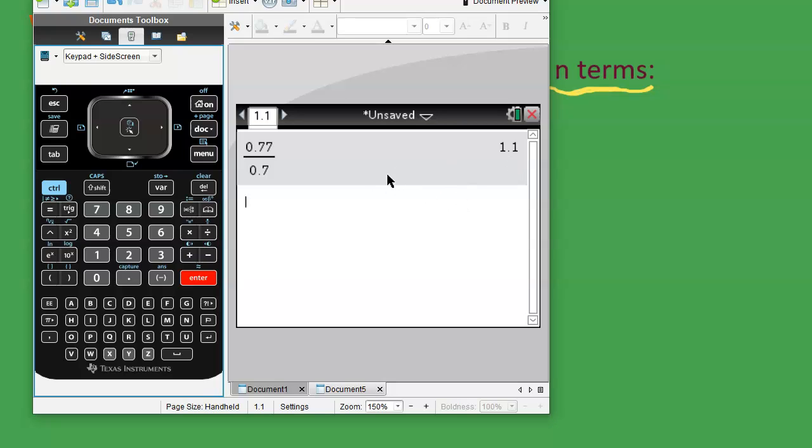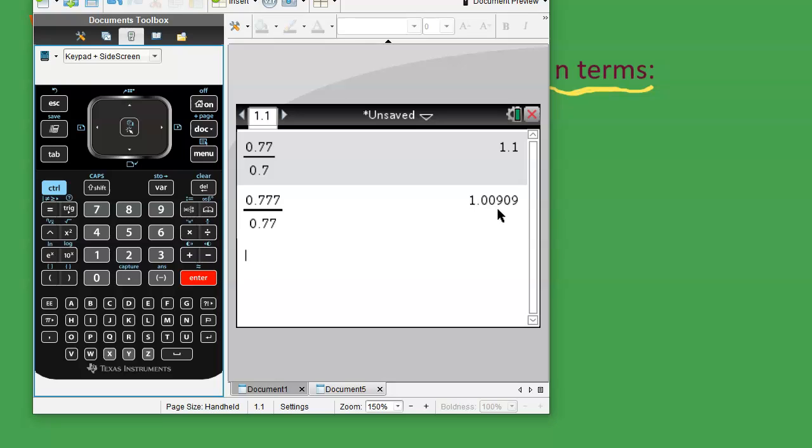What will be the ratio for the second and the third terms? 0.777 divided by 0.77. See, it is not the same as 1.1.